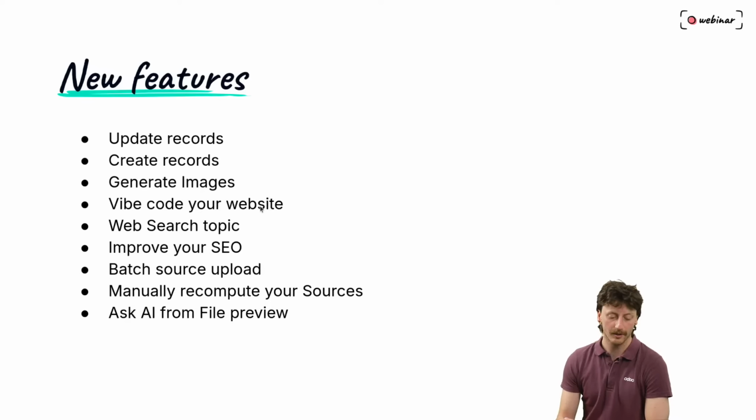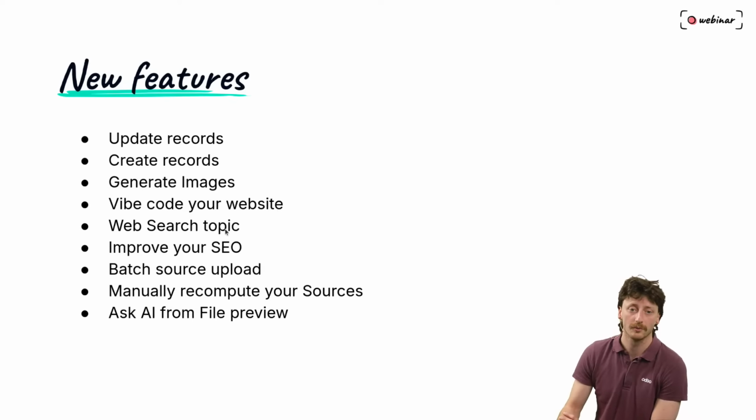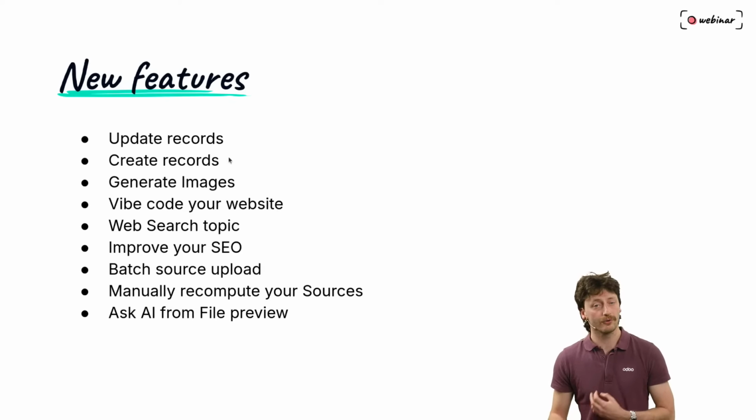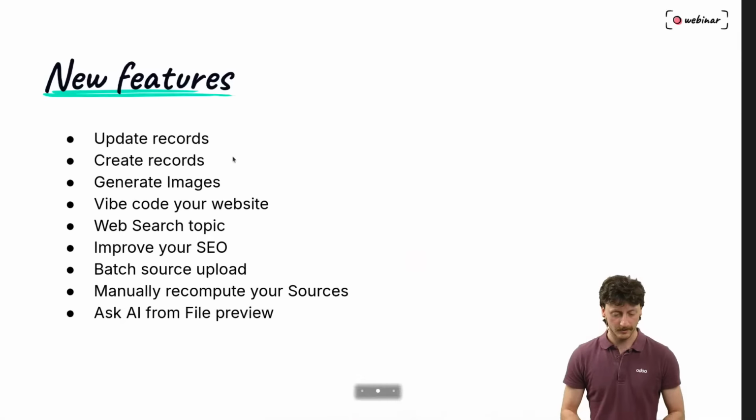We have already seen the vibe code your website one. I didn't go very far, but of course you can also specify to the agent if you want to add specific blocks such as carousels, images, columns, or whatever. We have talked about the web search topic. We have talked about improving your SEO, and now we're going to work with the rest of the stuff.